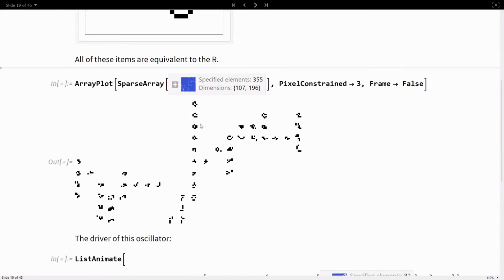All of these shapes here are equivalent to the R pentomino. For example, Stephen Wolfram just wrote a blog article, and one of the first things he talks about is the evolution of the R pentomino, but he has it start right now with this shape instead of this shape. But this shape is equivalent to the R pentomino, as are all of these other shapes.